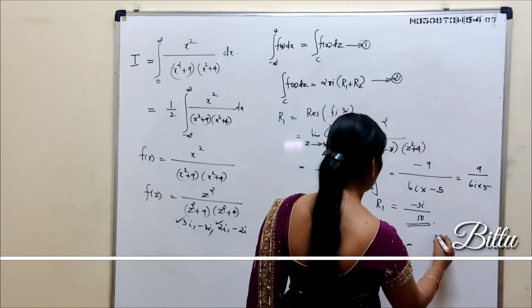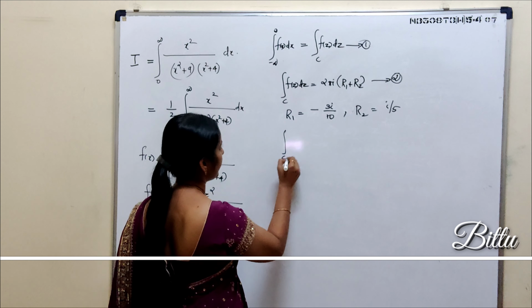Now we have R1 equal to minus 3i by 10 and R2 equal to i by 5. You put the values of R1 and R2 in equation number 2.